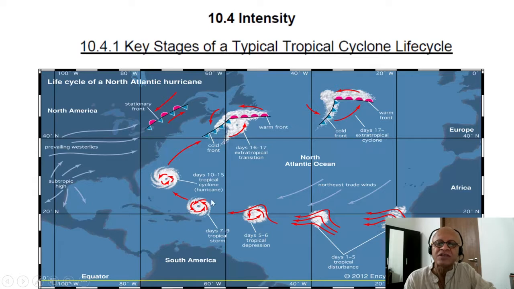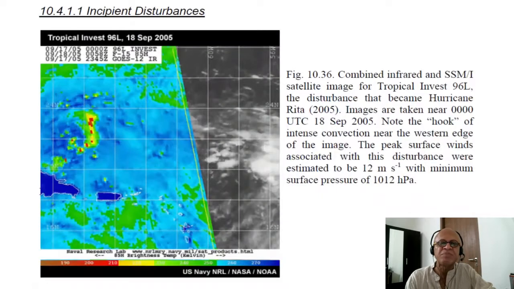Obviously not all these stages happen for each cyclone, depends on many factors as we have already seen, but keeping that in mind, and keeping in mind that the cyclogenesis does require incipient vortex, the rotation, vorticity, moisture loading, weak vertical shear, although these days vertical shear is being looked at more carefully because there are situations where vertical shear, the tilting of the vortex, can actually intensify the cyclone or the vortex.